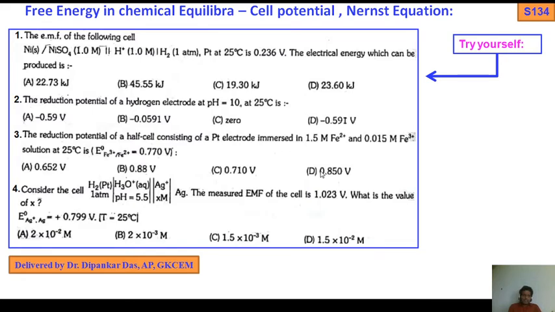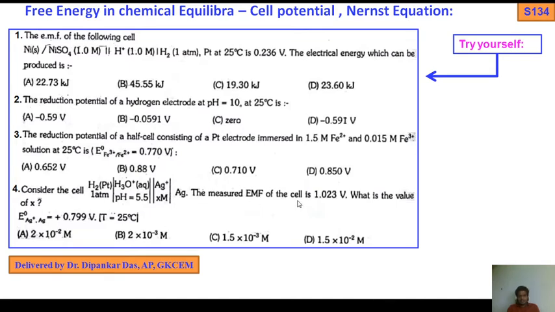Consider the cell: hydrogen gas, platinum, 1 atm, single vertical line, H3O plus or H plus aqueous, which has pH 5.5, less than 7, that's why it is acidic. Double vertical line salt bridge, Ag plus, X molarity, single vertical line Ag.